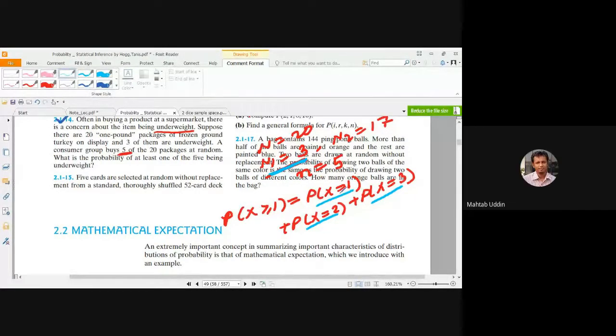It may be 1 underweight ground turkey, it may be 2, it may be 3, but you cannot take what? 4 or 5. Okay? More than 3, sir. Calculate yourself, you'll get the desired result.